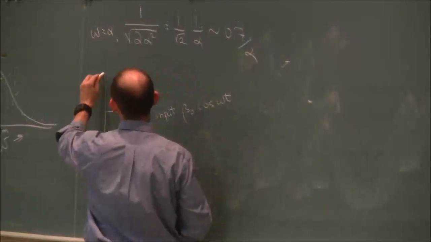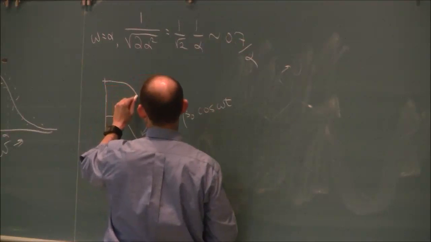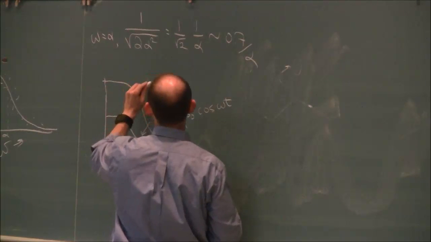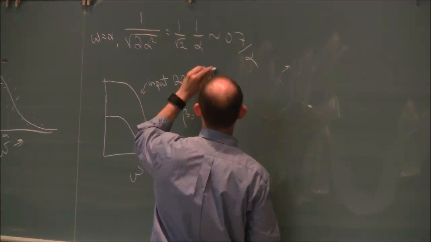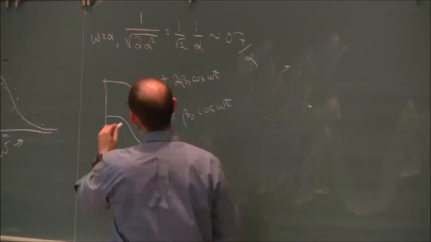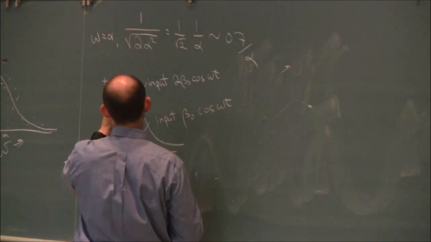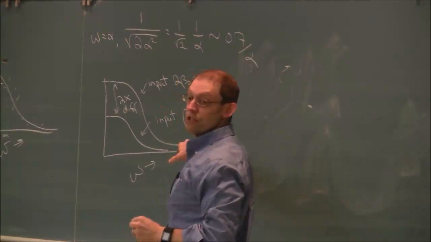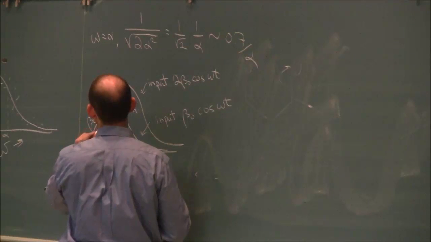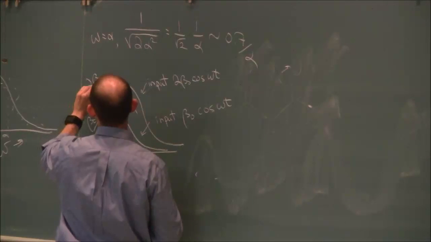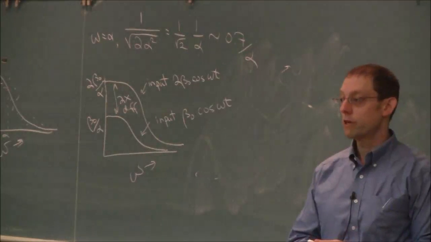And then you can do another experiment where the input is 2 beta 0 cosine omega t. And then you'd want to see that you have a 2x difference in the output. So beta 0 cosine omega t, you'd expect this to go to beta 0 over alpha, and here 2 beta 0 over alpha. So we could also check to see that the response is linear over a range of frequencies.